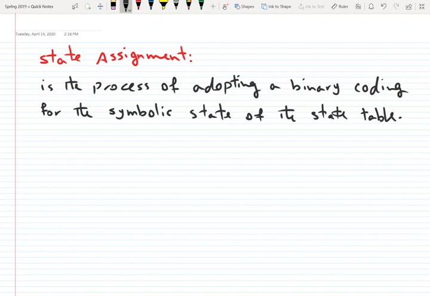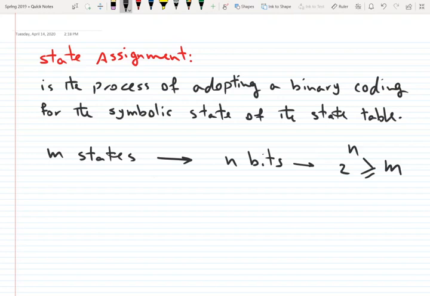Okay, so if we have m states, we need n bits, and we should find n in a way that 2 to the power of n is greater than or equal to m.